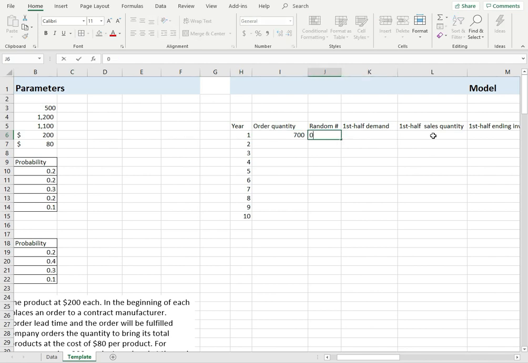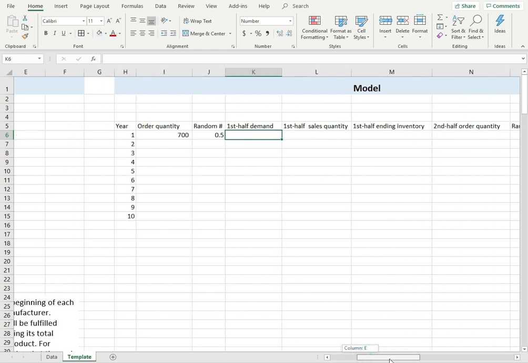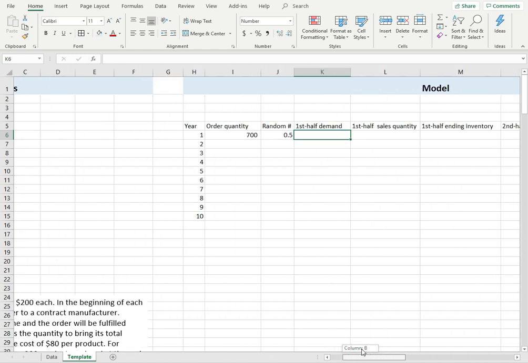You can give it a number, let's say 0.5 as a placeholder. The reason is you don't want randomness at this time, because you want to double check if your model is correct. It will be easier if you just give it a number and use that number to perform the simulation and go through 1 year manually to see if you have all the columns.